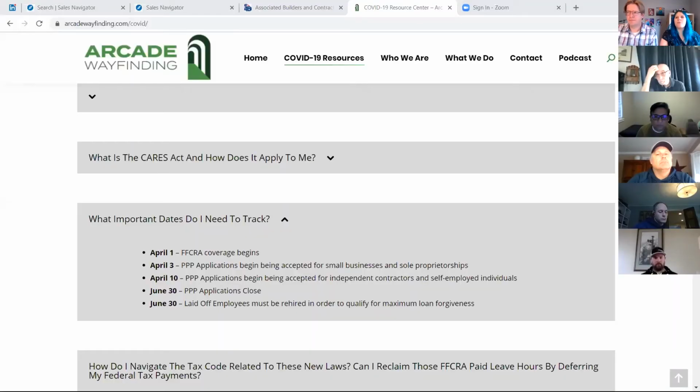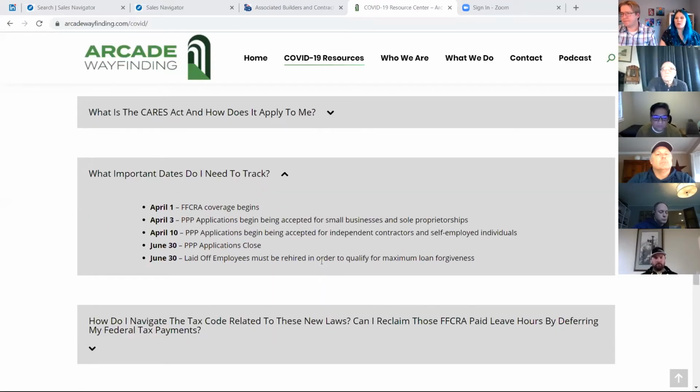So the other important date here is that for most of the people on this call, likely you will be part of that April 3rd group. If you are a small business or a sole proprietorship, then April 3rd is when you can make that loan application. But for independent contractors and self-employed individuals, that's actually going to be April 10th. They're kind of holding those businesses up a little because those are the businesses that aren't really paying payroll.